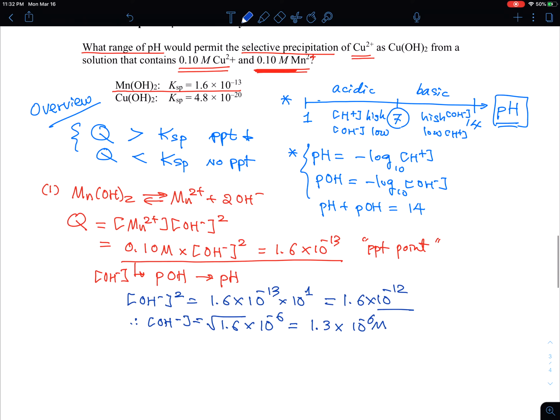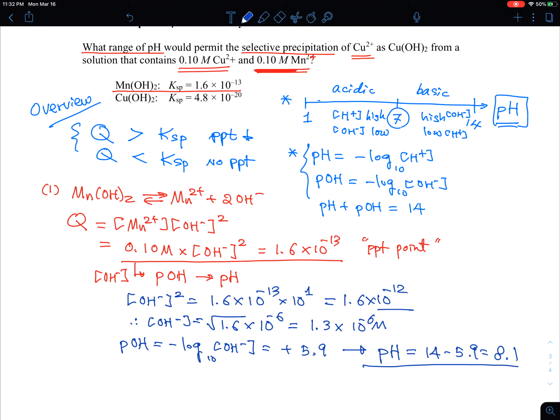Then pOH, minus log of OH-, is 5.9. Then pH is 14 minus 5.9, which is 8.1. That is the precipitation point.